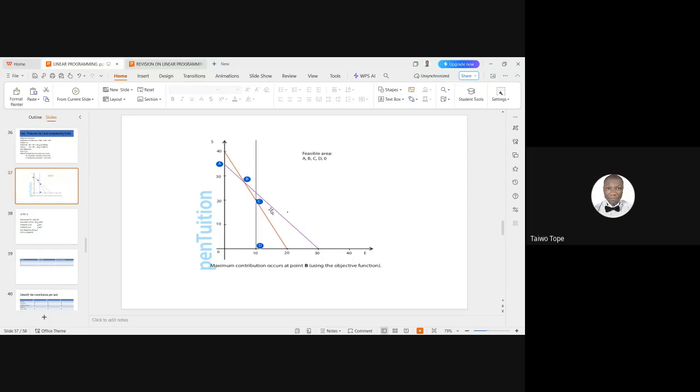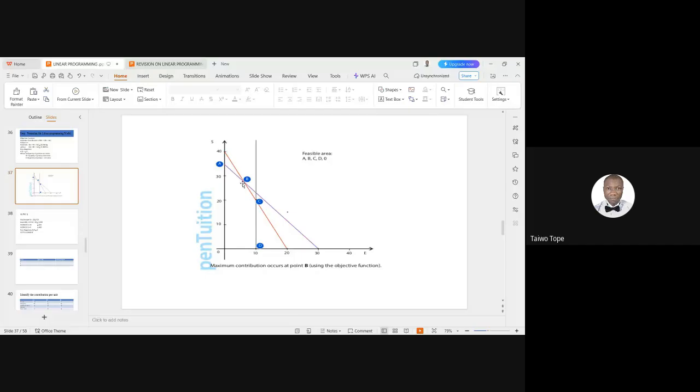Okay, the two points of intersection: point B is the point where we use equations 1 and 2, that is labor and material, to determine the values of standard chairs and executive chairs that can be produced at this point. So this point here is a defined variable.